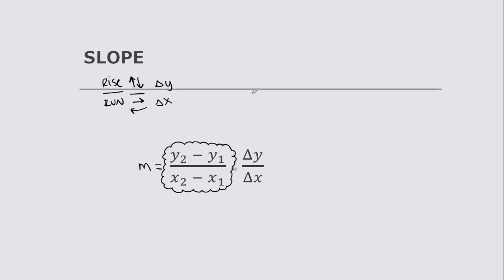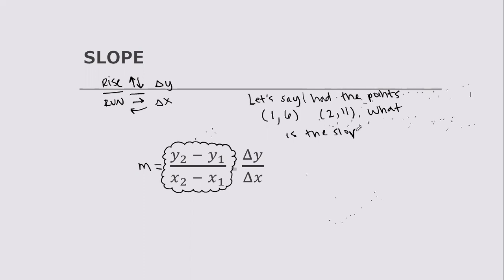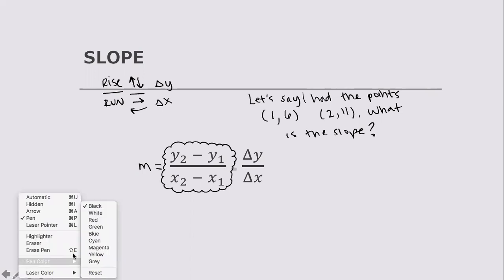So for example, let's say I have the points (1, 6) and (2, 11). What is the slope? Well, to find the slope, I need to label my points and use this formula.